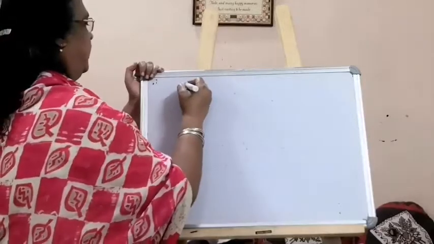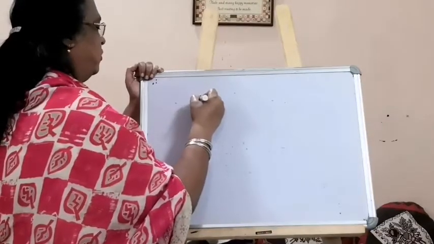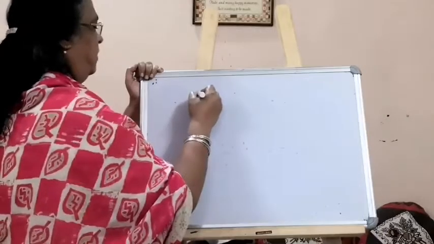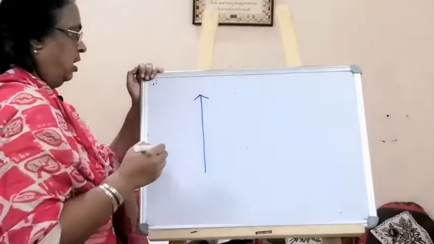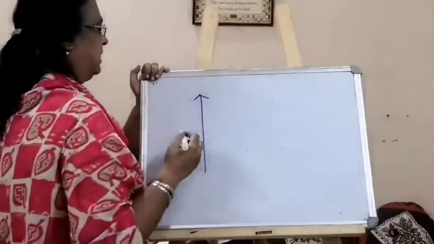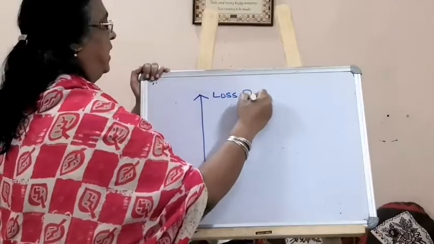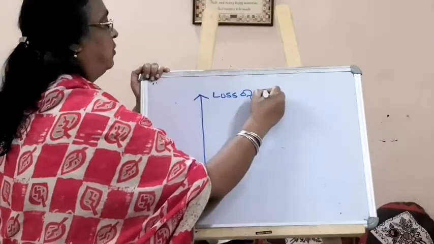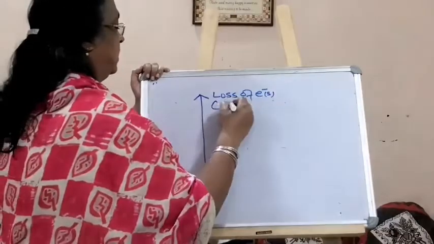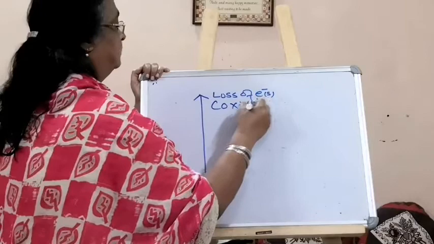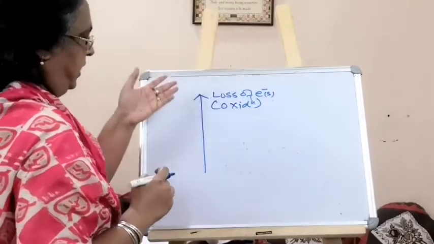So remember that in short I teach you the next point: as we move from bottom to top, the loss of electron or electrons will be faster, more prominent. So what will be increasing? Oxidation behavior. Oxidation, that is your loss of electron.